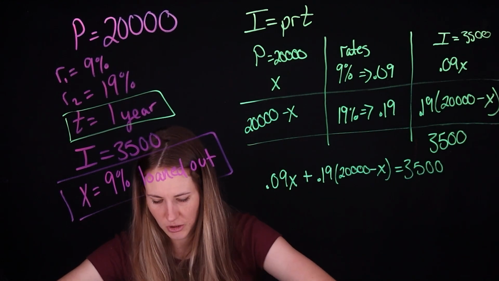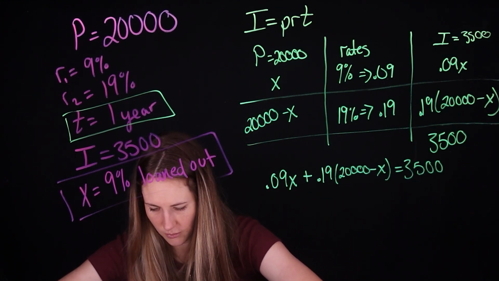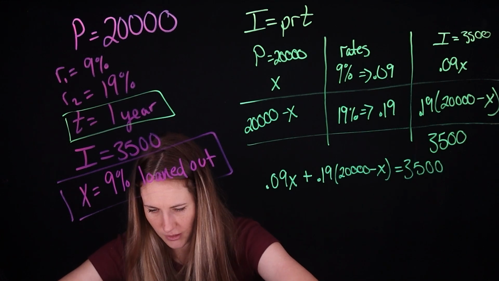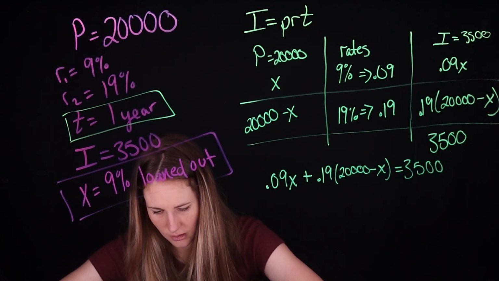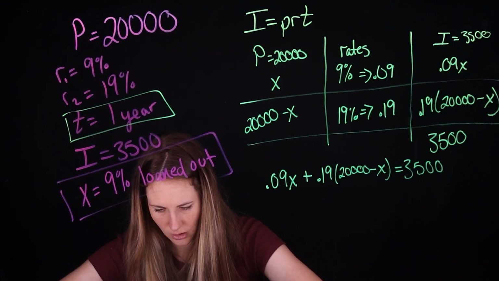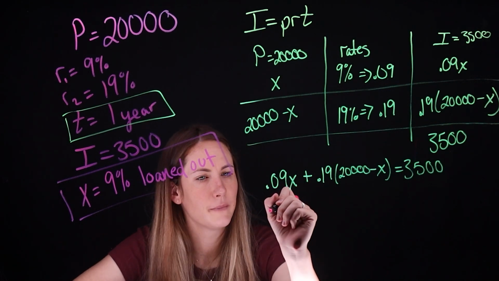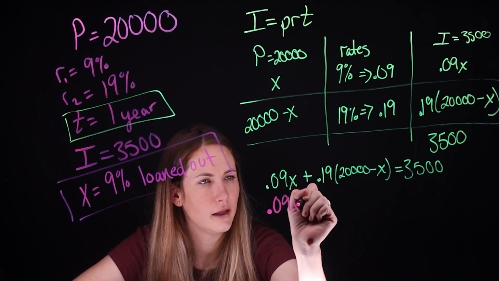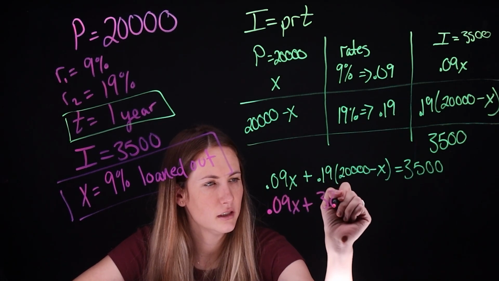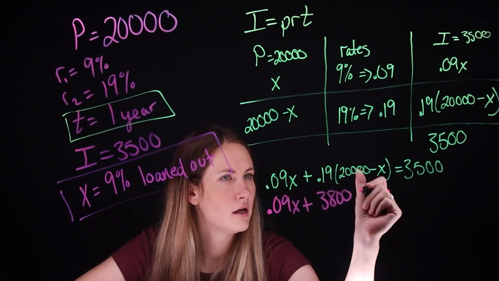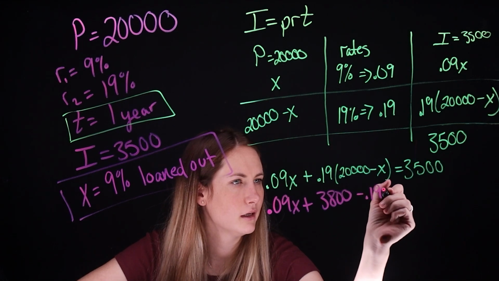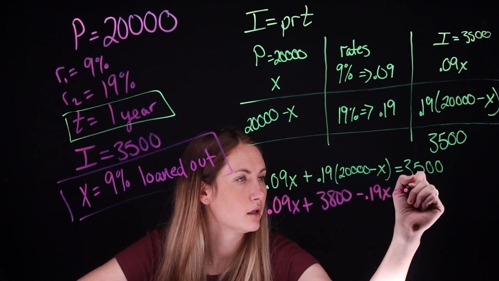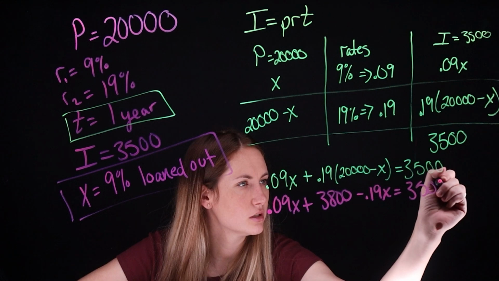So we're going to distribute our 0.19. I'm going to make sure I do my math correctly, so let me go to the calculator. 0.19 times 20,000 equals 3,800. So I have 0.09x plus 3,800. And then 0.19 times a negative x would be negative 0.19x, equals 3,500.